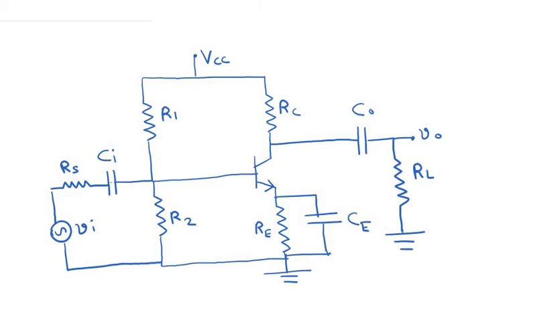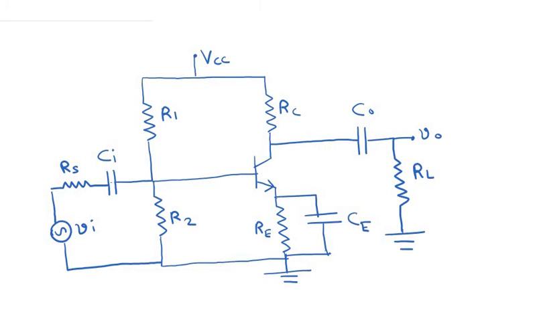I repeat that we provide the input voltage through the capacitor Ci, and the output voltage is taken through the capacitor C0. This is to prevent any DC current from flowing into the input signal source and also to prevent any DC voltage from appearing across the output load resistor.